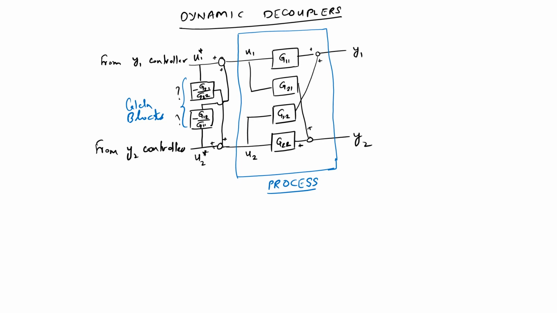What you'll find is that as far as the controllers are concerned, the y1 controller and the y2 controller, u1 star affects only y1. You see, u1 affects both y1 and y2, but because of the calculation block that I have implemented, u1 star affects only y1, no effect on y2. u2 star affects only y2, no effect on y1.